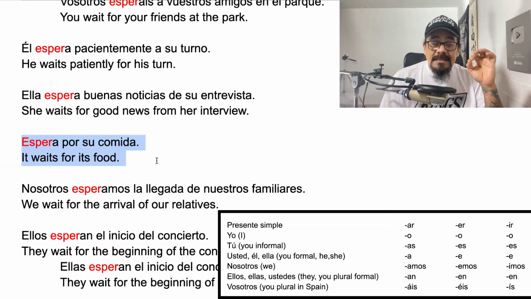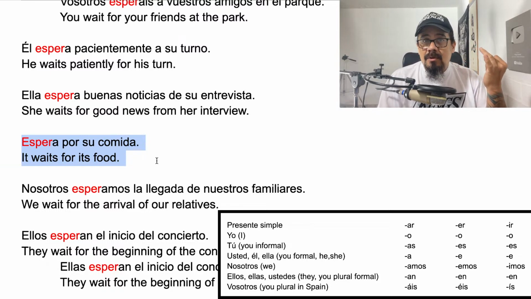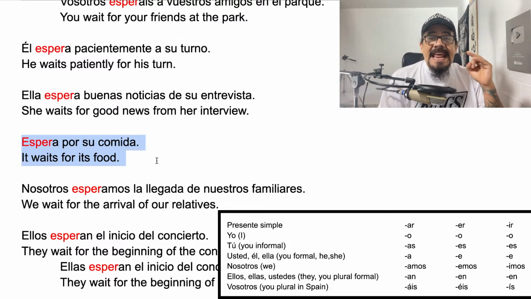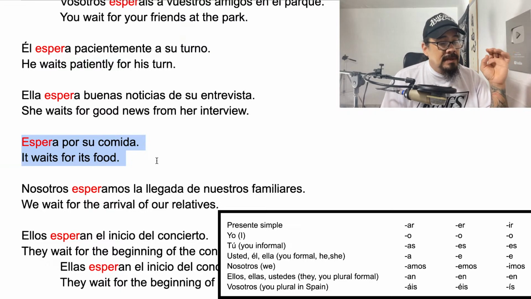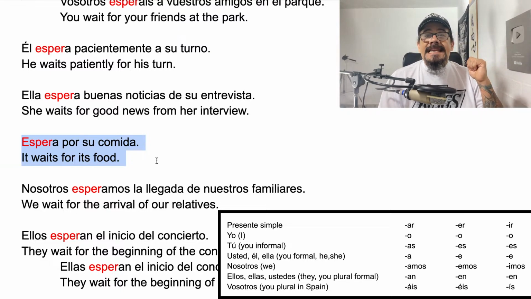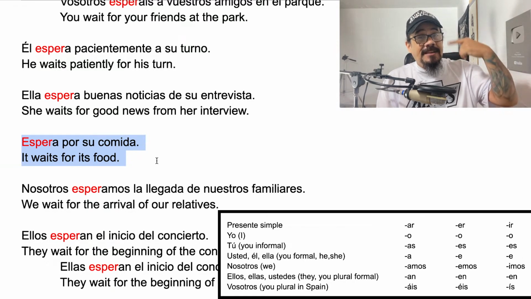Why? Because in Spanish, when in English we use the pronoun it, meaning things or animals, we never use the pronoun in Spanish. Even though we can say ello or eso, we never use it as a subject pronoun.